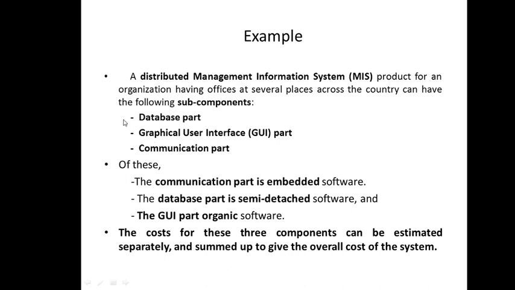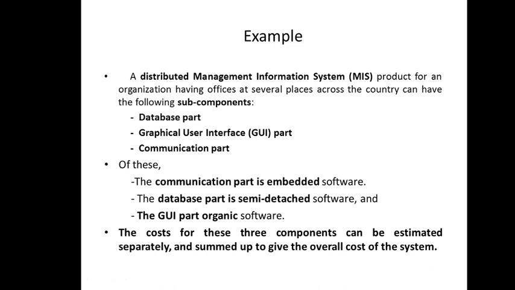And we know that the level of complexity is not the same for all the three, right? The communication part is the toughest or the most complex one, so we say it is an embedded type, right? That means complexity is more. Then the database part is more or less a semi-detached type, right?